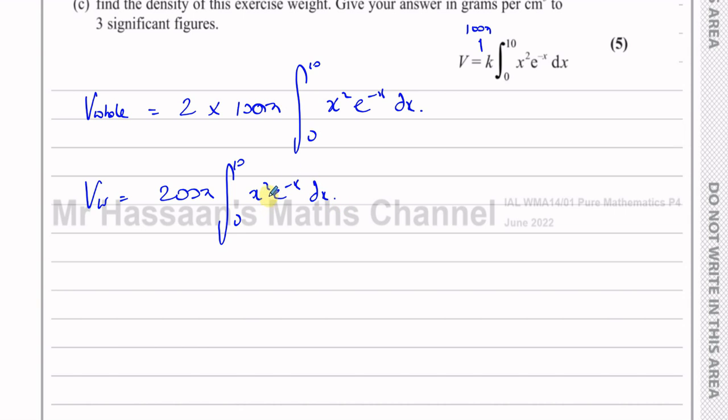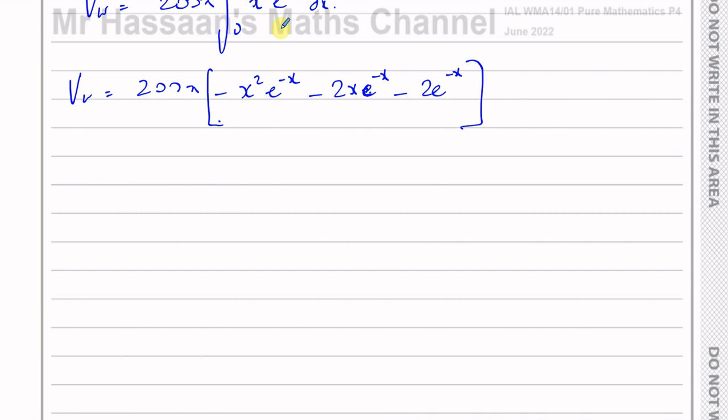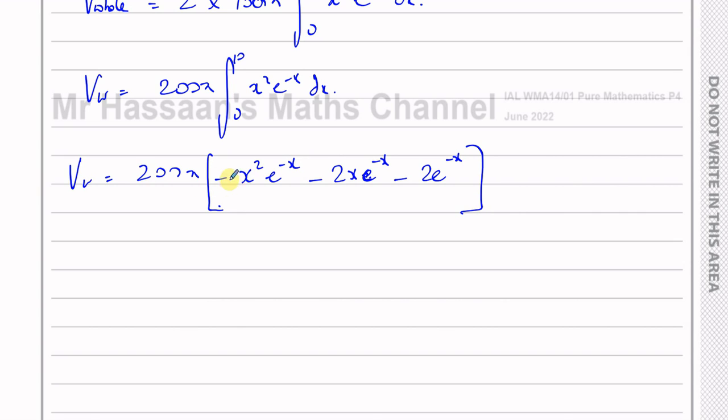Now this we already found. We found the answer to this. So the volume of the whole thing is going to be 200 pi times what we got as the integral of this. We got minus x squared e to the power of minus x, minus 2x e to the power of negative x, minus 2 e to the power of negative x, and it was a common factor between 0 and 10.